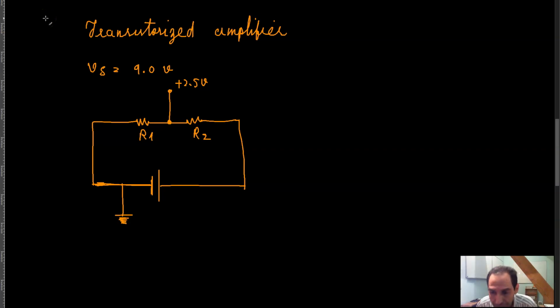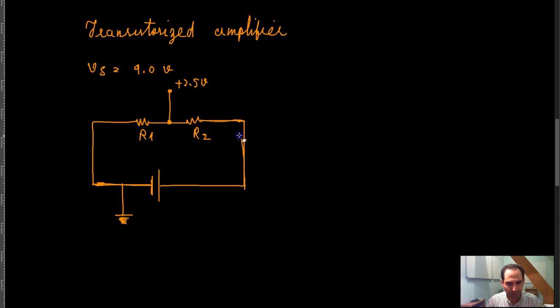There is one fact over here that you need to be familiar with, and once you know that, you can use that fact to find the values of your resistors.